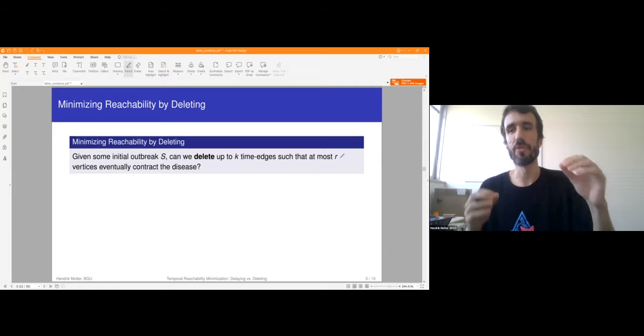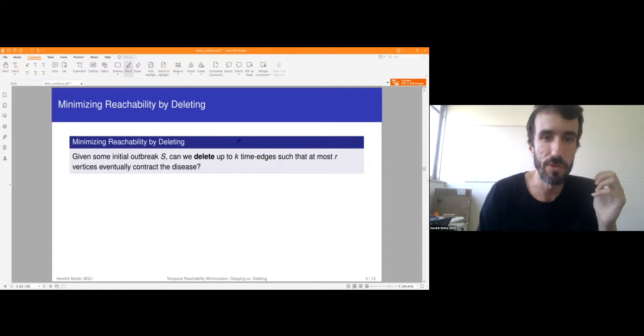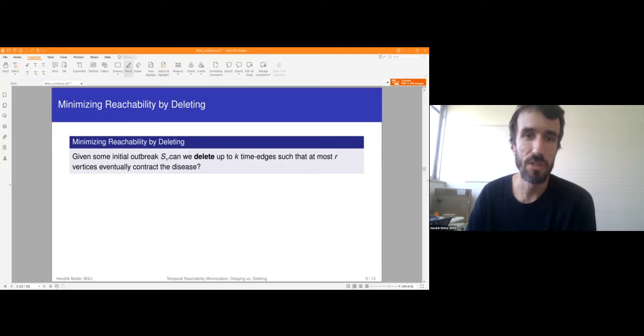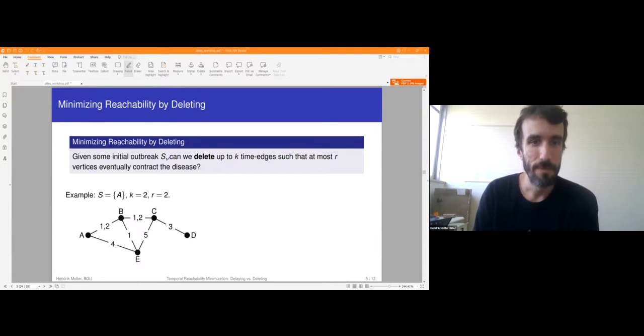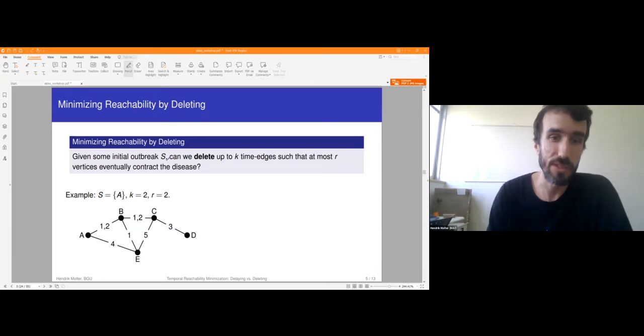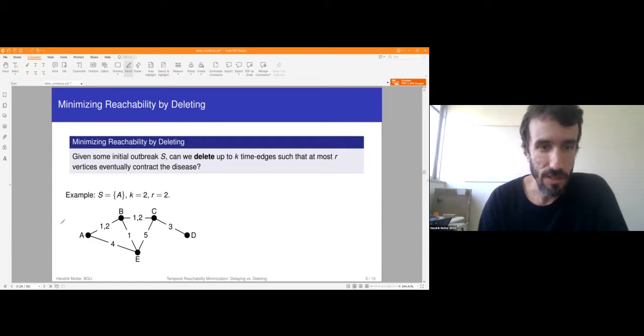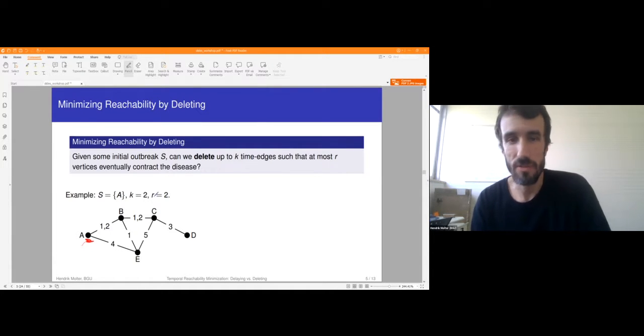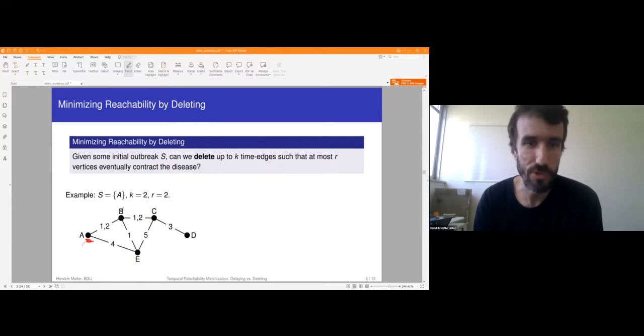So in terms of reachability, for the reachable sets of the vertices in S, we are interested in minimizing the union of the reachable sets. And here I have a little example. Let's assume the outbreak is at this vertex A here, and I'm allowed to delete 2 edges, and I want to have a reachable set of size at most 2.